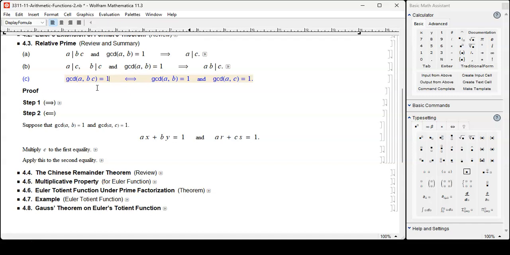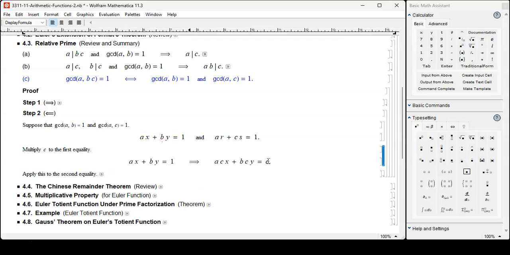Let's see, how do we work it out? Let's start from the first equality and multiply c to both the left-hand side and right-hand side. Why? Because I want b times c. If I started from the second equality, then I would have to multiply b so that we get bc. I started here, so multiply c so that acx plus bcy is equal to c.